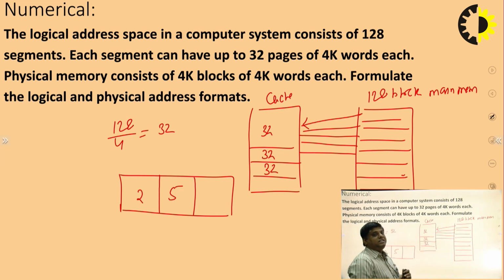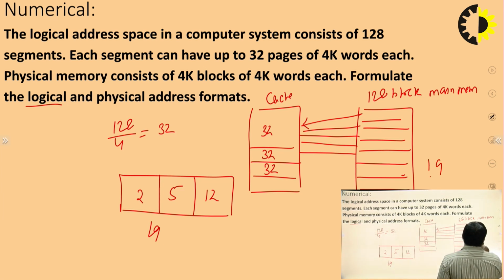And what is the size of the word offset? That is 4K, that is 12 bits. It means the logical address is 19 bits, and here is also 19 bits. This is the solution of the numerical problem.